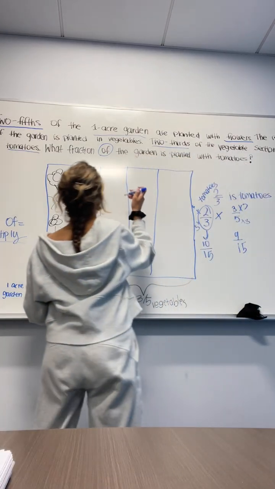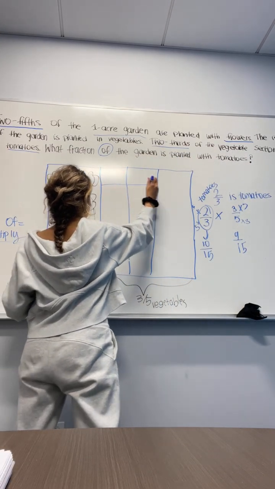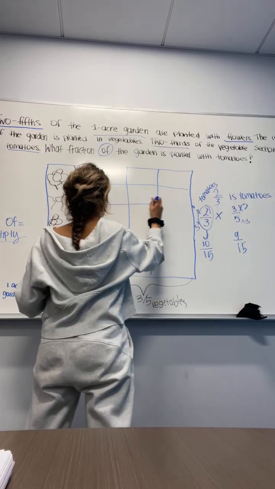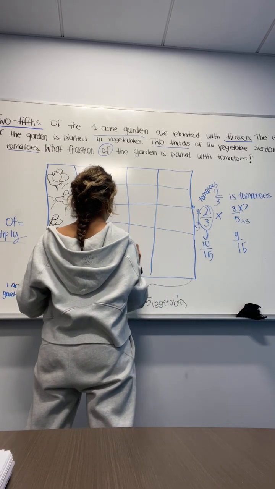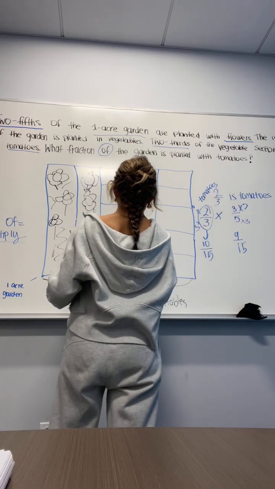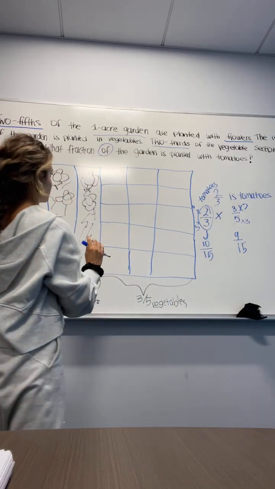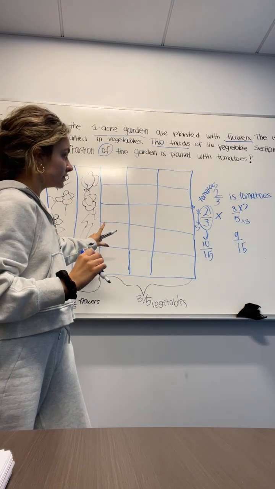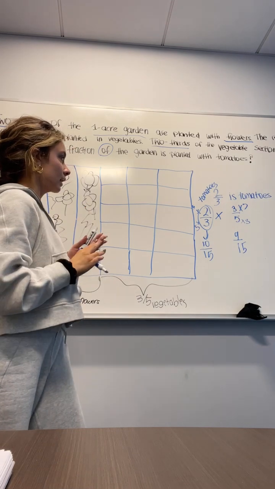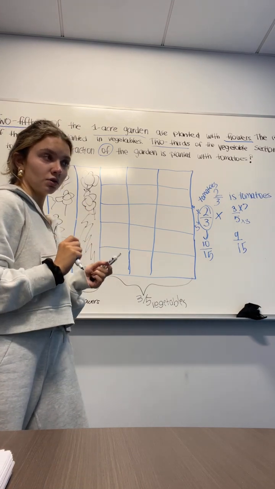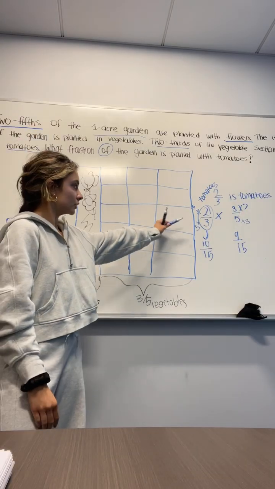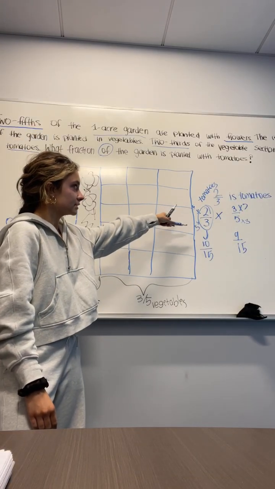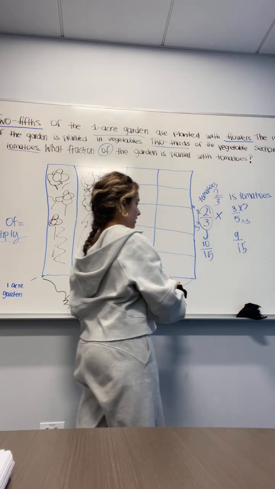So to do that, 1, 2, 3, 5 sections across. So now we have 15. And to find our 2/3, we now know that 2/3 is the same as saying 10/15.